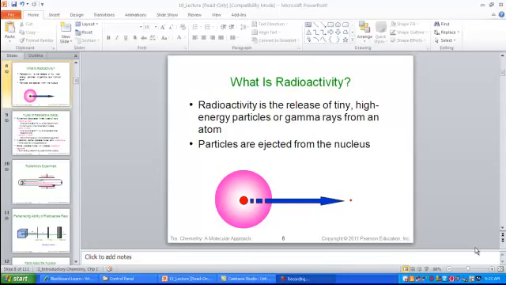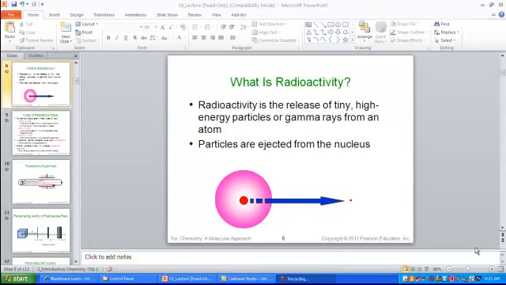We also realize that if the number of protons in the nucleus matches the number of neutrons, that creates the most stable arrangement. So when we start seeing atoms that have a large number of neutrons compared to the number of protons, we can start to detect instability inside of that nucleus.